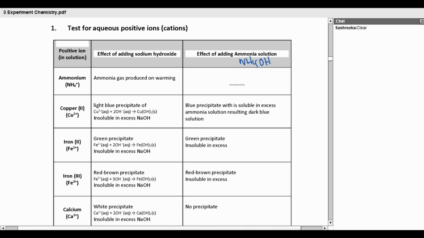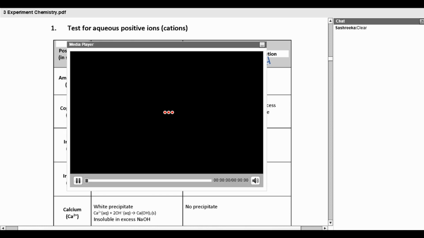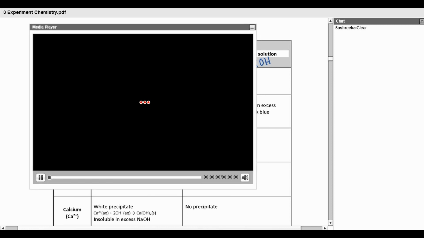We don't add ammonia solution as a test for ammonium, because ammonia solution is ammonium hydroxide, so it itself contains ammonium ion. That's why we don't test with ammonium chloride or ammonium hydroxide. Ammonia solution is ammonium hydroxide.